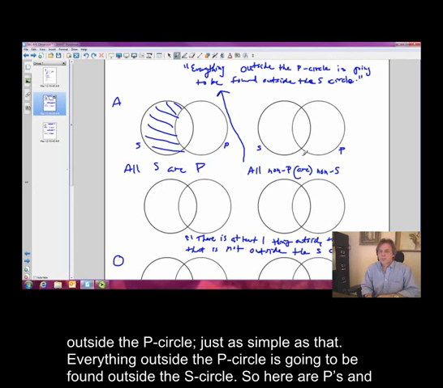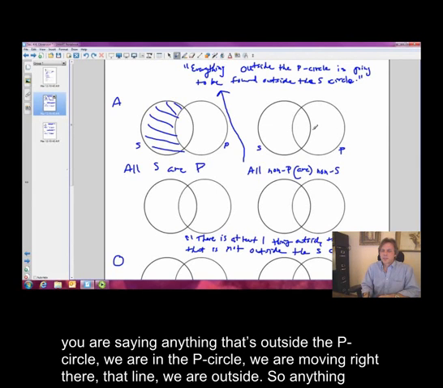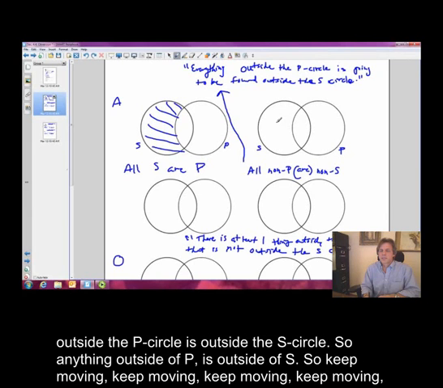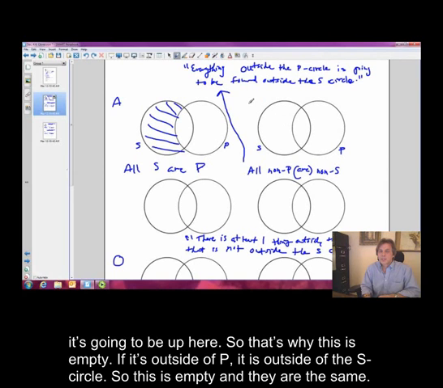Everything outside the P circle is going to be found outside the S circle. So here are P's, and you're saying anything that's outside the P circle. We're in the P circle, we're moving right there, that line, we are outside. So anything outside the P circle is outside the S circle. So keep moving, keep moving. It's going to be up here. So that's why this is empty. If it's outside of P, it's outside of the S circle.